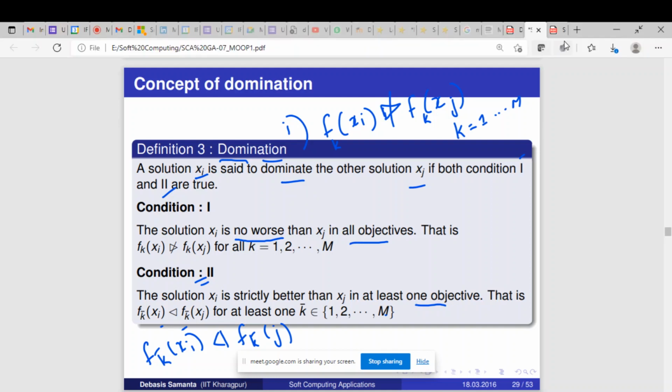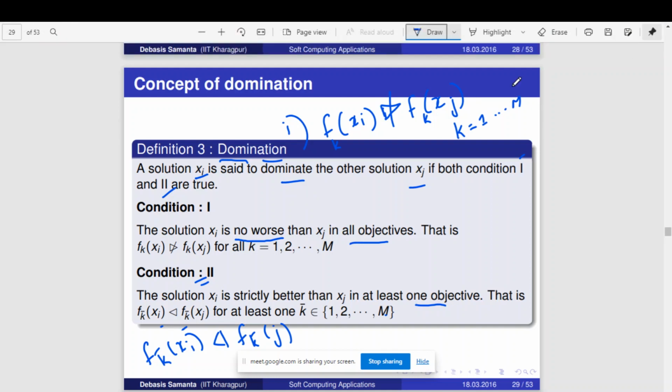So I'll repeat it. What's the difference between better than and domination? Say we are discussing MOOPs, that is, multi-objective optimization problems, so obviously we have many objective functions, like f1, f2, f3 up to fm. When can you say that one solution is better than another?